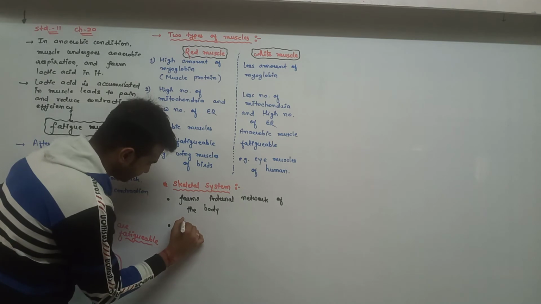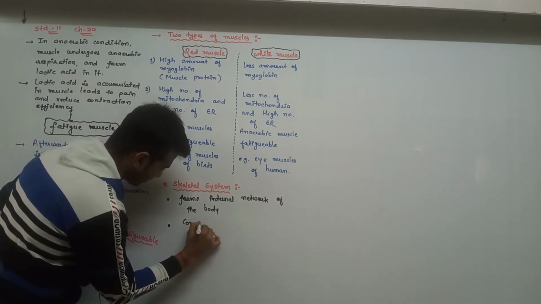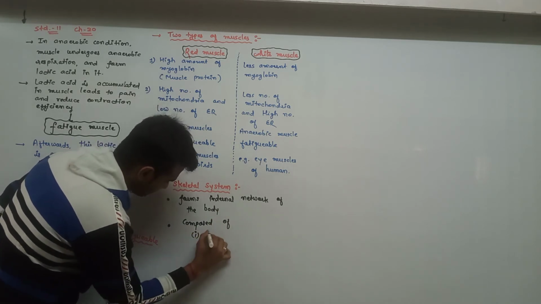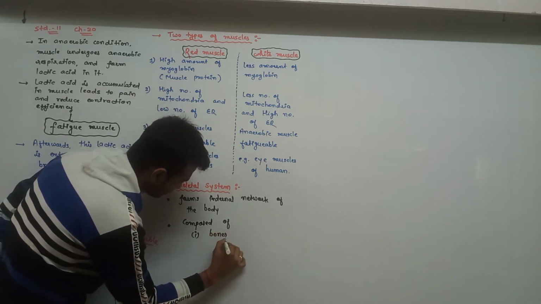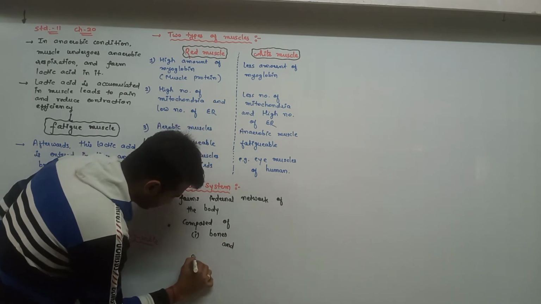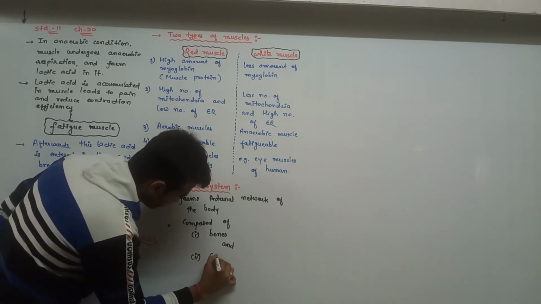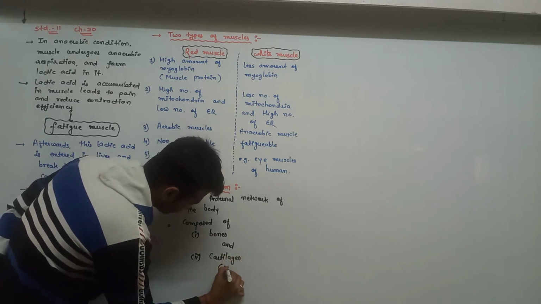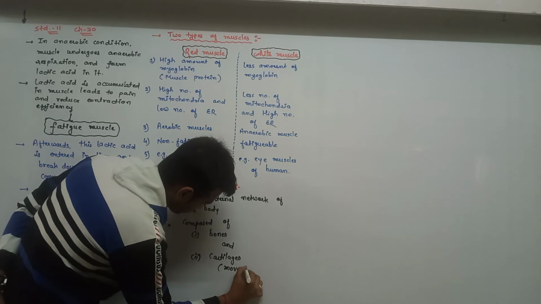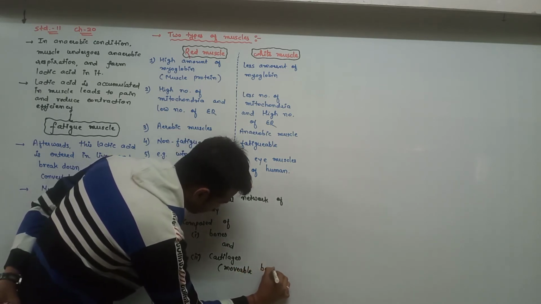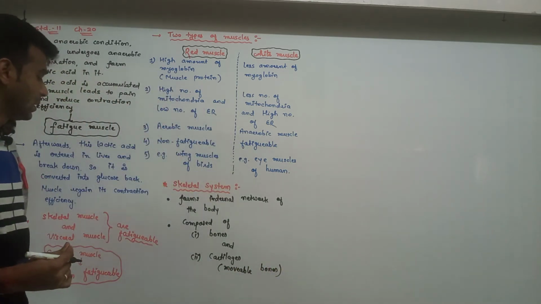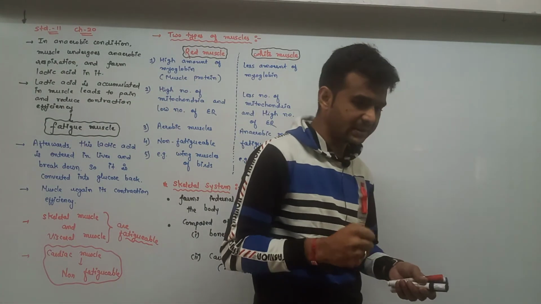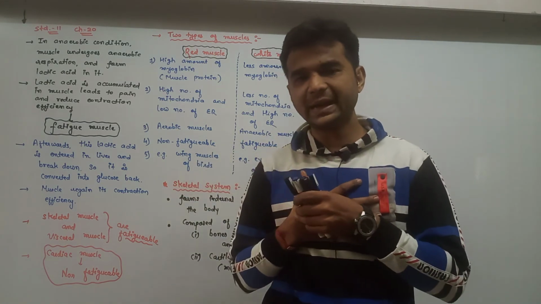The skeletal system is composed of bones and cartilages. It forms the internal network of the body.